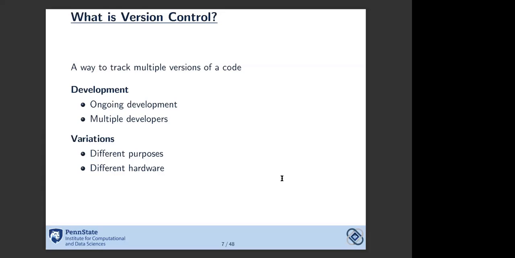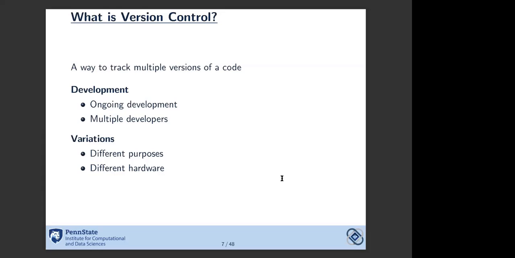Version control doesn't have to be just code. You can version control really any file. This presentation is version controlled. Version control can be useful both for the development of code, especially whenever you have many people contributing to a code base.